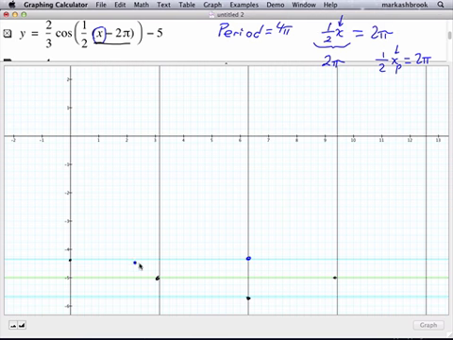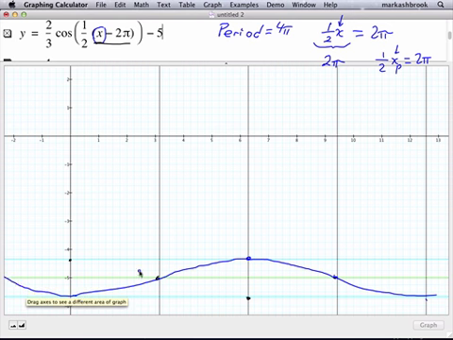So here's just cosine without the shift, and then 2 pi later, or 2 pi after, we're going to start. So it's going to look like this. This will also go in the other way, so from there we can do it.